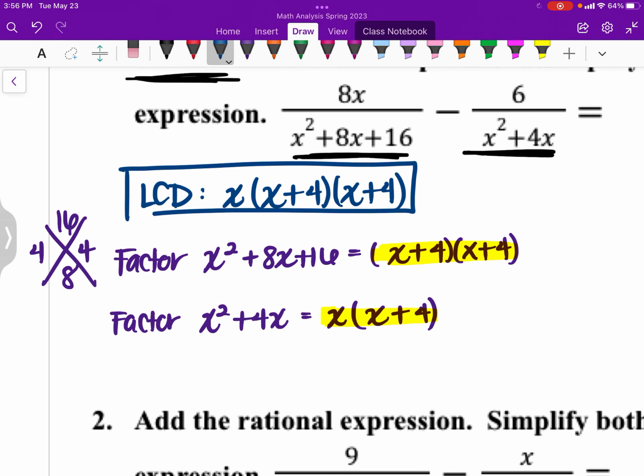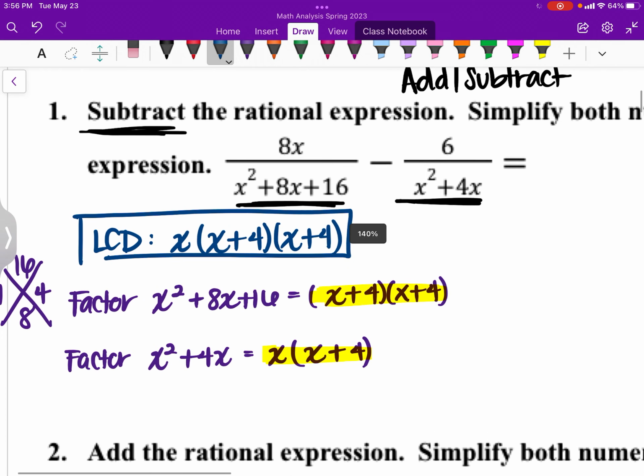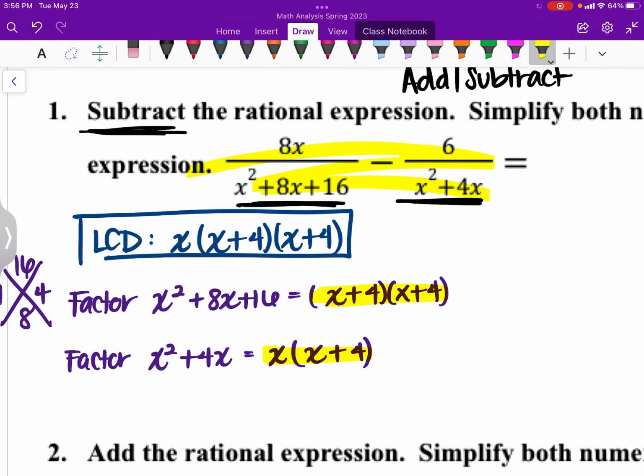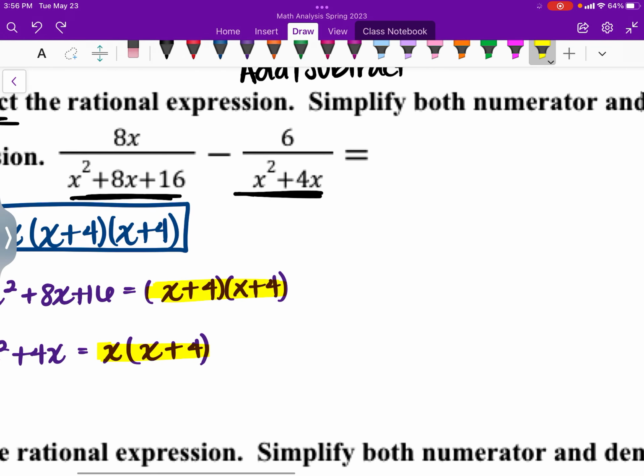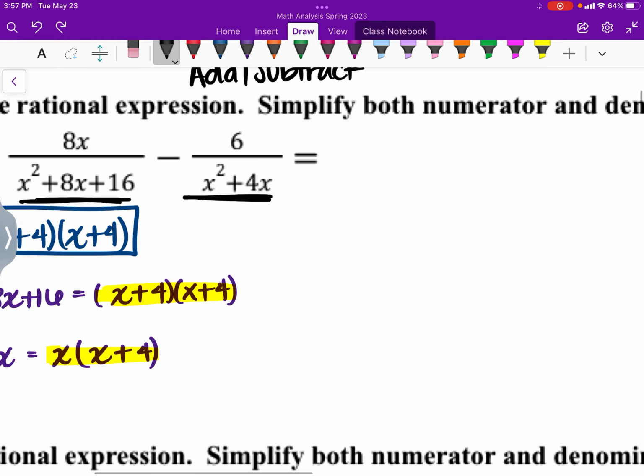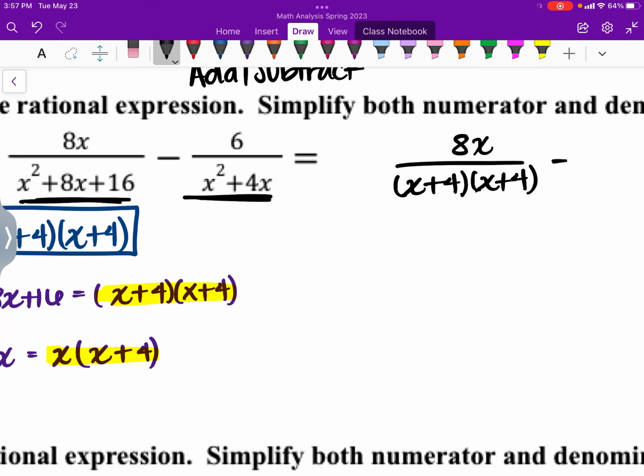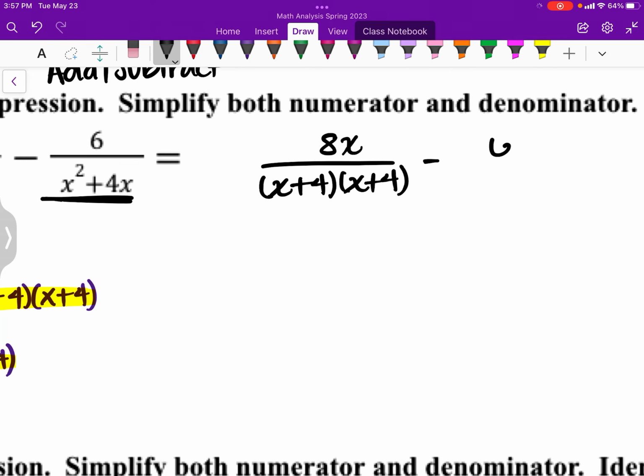This isn't our final answer, but this is what we want to get in this section. Because that's what we want in each of the sections, let me rewrite this, but now factored. We have 8x over x plus 4 times x plus 4. Once again, that is already factored, minus 6 times x and x plus 4.